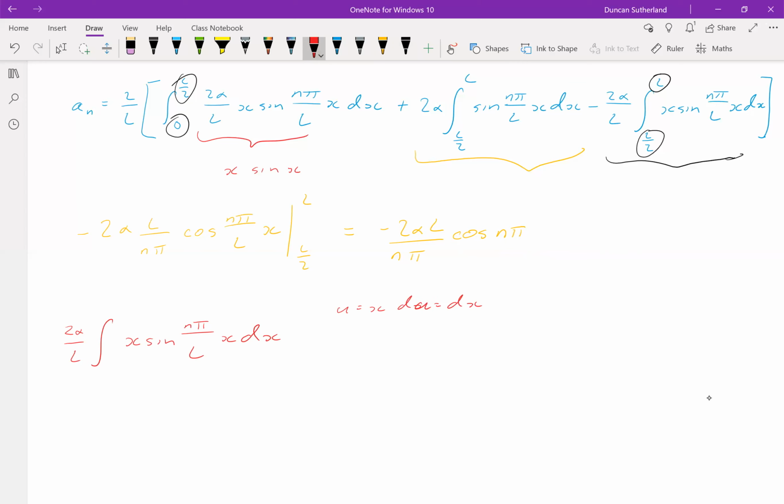The one that you start with, assuming it's the derivative, is the sine. So v is the integral, so that's minus L on n pi, like that, of cosine.